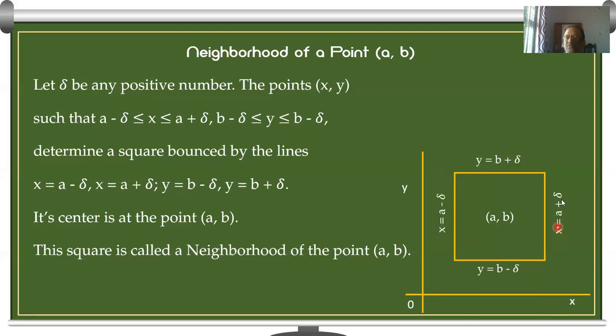With the help of these four lines, we get a square. In the square, the exact center is (a, b). This entire portion is nothing but the neighborhood of (a, b). Clear? Okay, next.